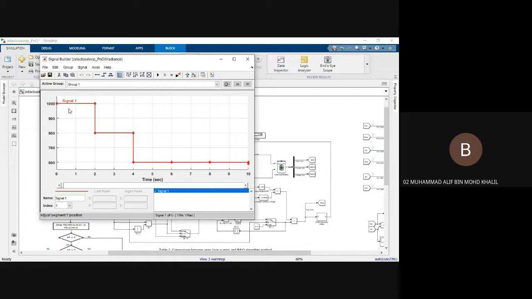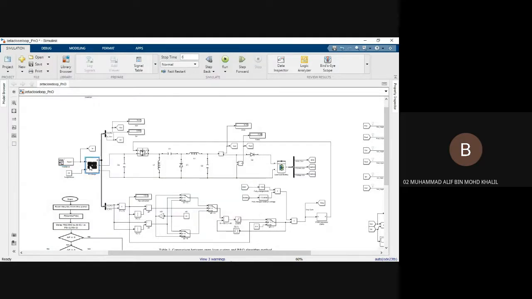So for the first 2 seconds it will be 1000, and then we reduce to 800 when it reaches 2 seconds until 4 seconds, and then we reduce again by 200 until 6 seconds. So the simulation will run until 6 seconds.